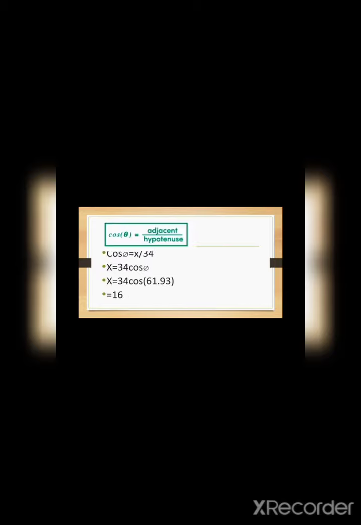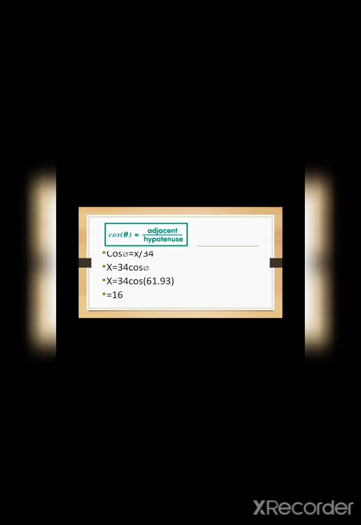61.93 degrees. Now, to find x, we need to use another trigonometric ratio, one that has an x in it, because we'll use our other information to find this value. Let's use cosine.